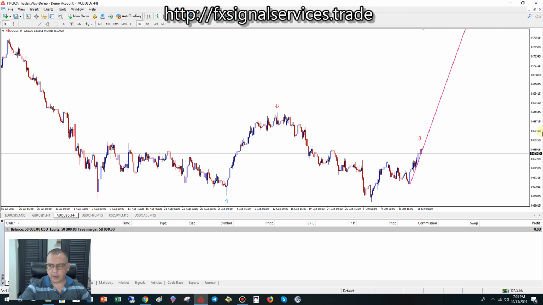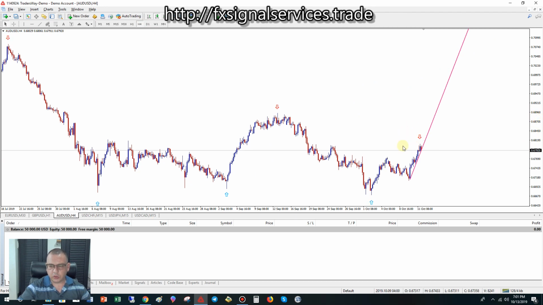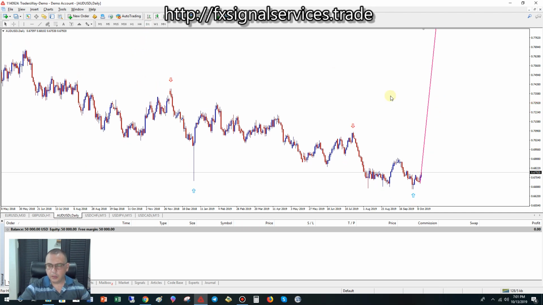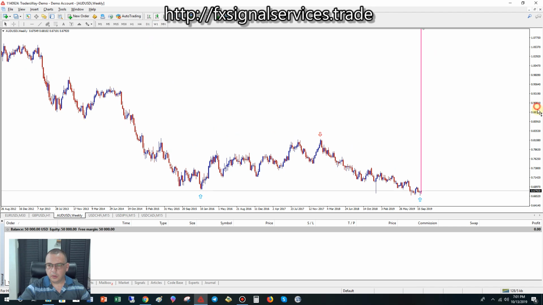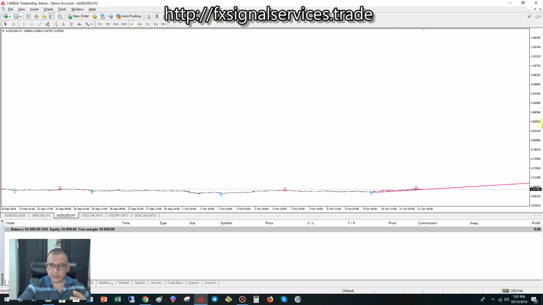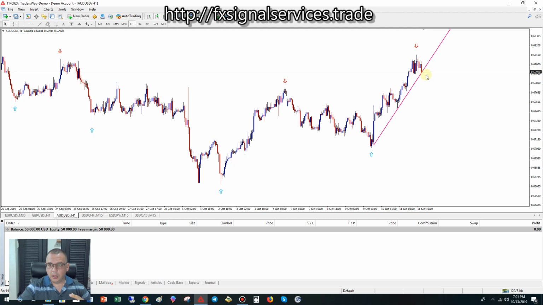If we look at the 4-hour chart, we have a strong signal to sell, just like our previous example. But on the daily and the weekly, it's a strong signal to buy. So long term, this is definitely going to be going up. Like I already stated before, you can wait for this to break, and it will probably shoot back up.